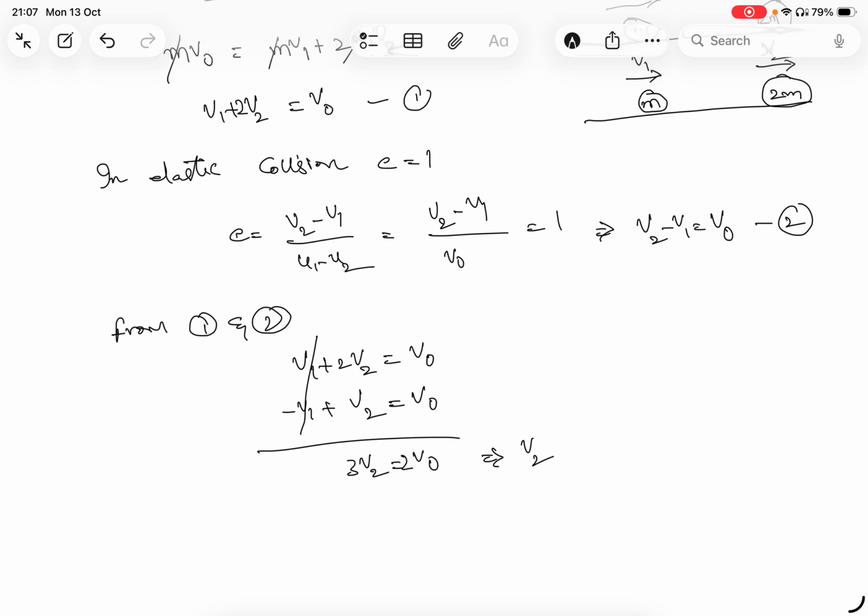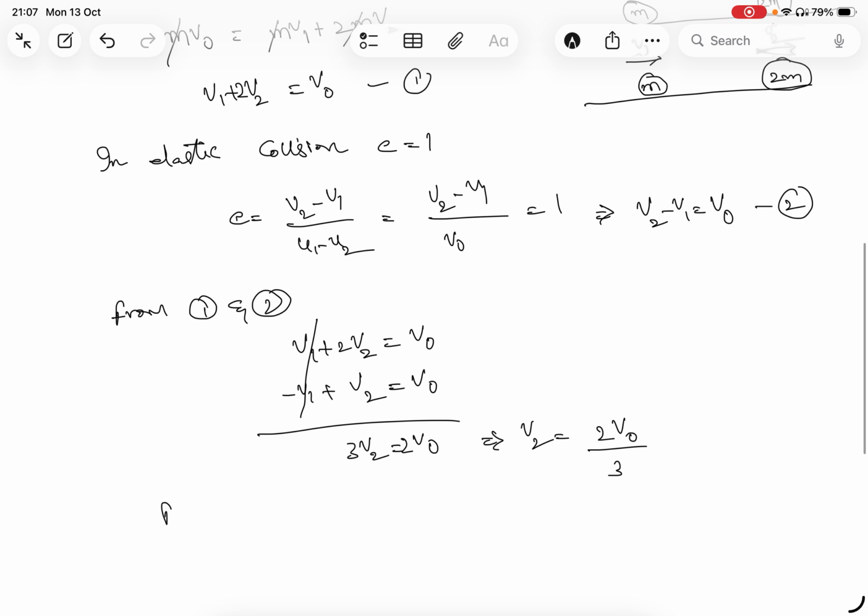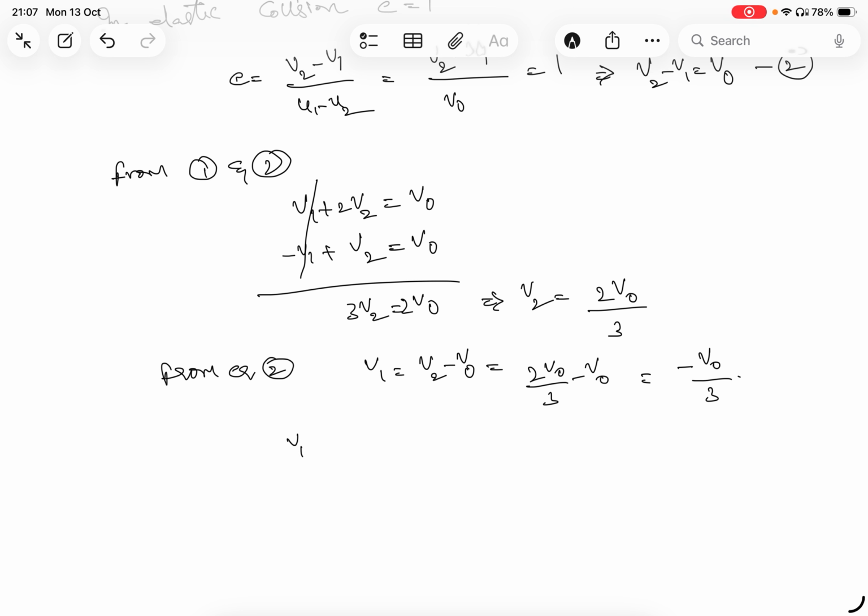This implies v2 equals 2v0 by 3. From equation 2, v1 is v2 minus v0, which is 2v0 by 3 minus v0, which is minus v0 by 3. Finally, for the first case, v1 equals minus v0 by 3 and v2 is 2v0 by 3.